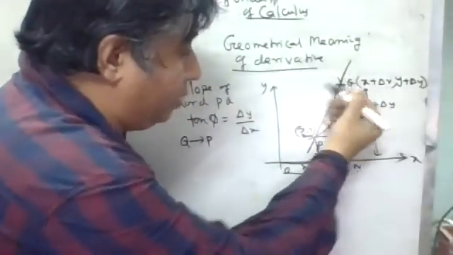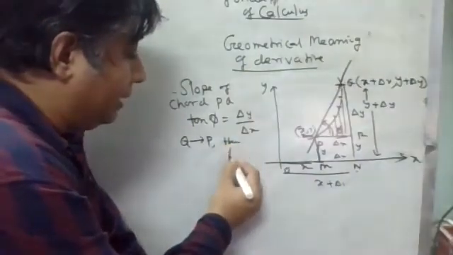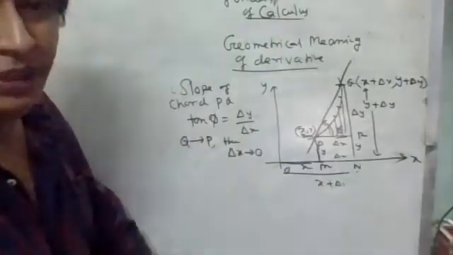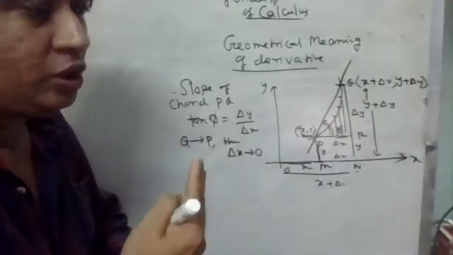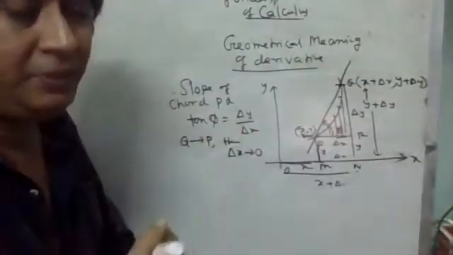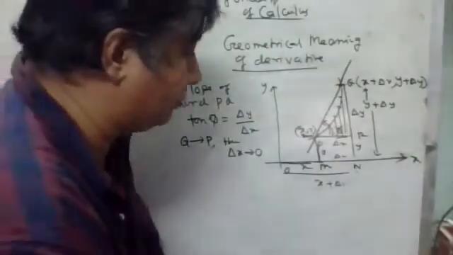And when Q is about to fall on P, delta x tends to 0, meaning the nearest value to 0.